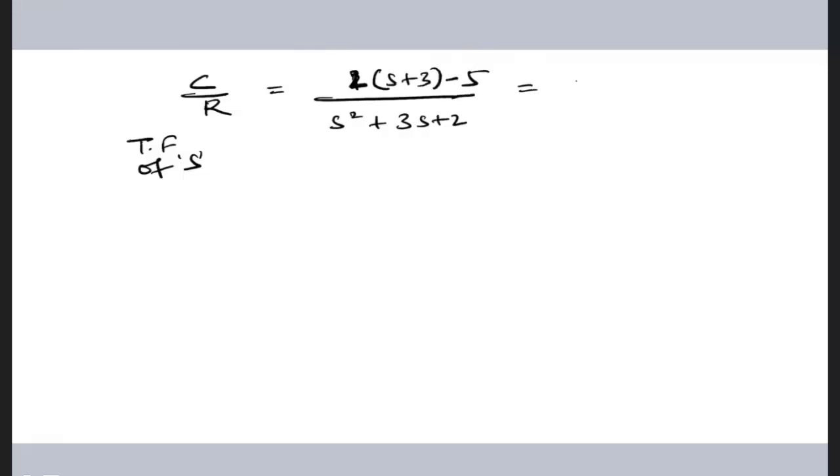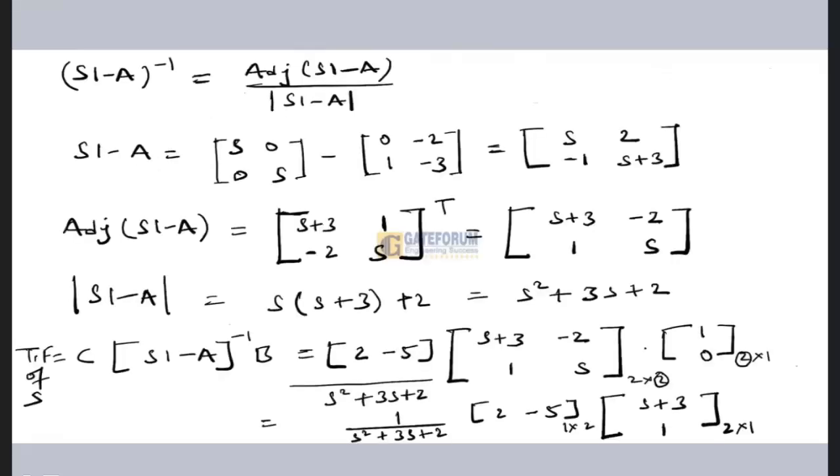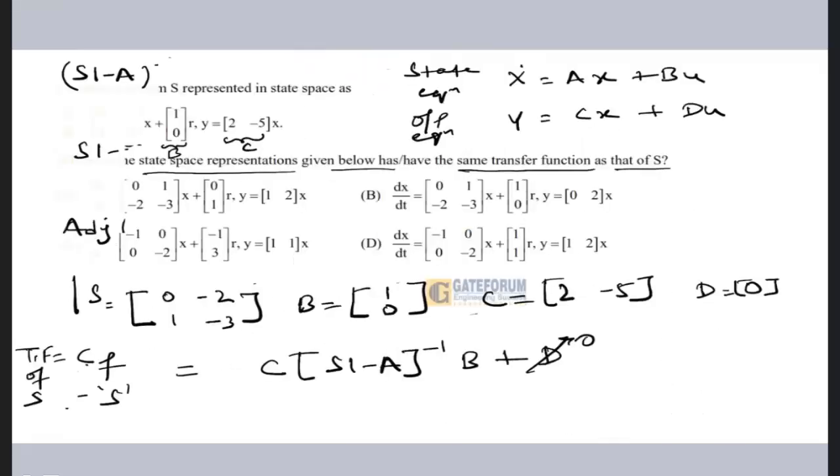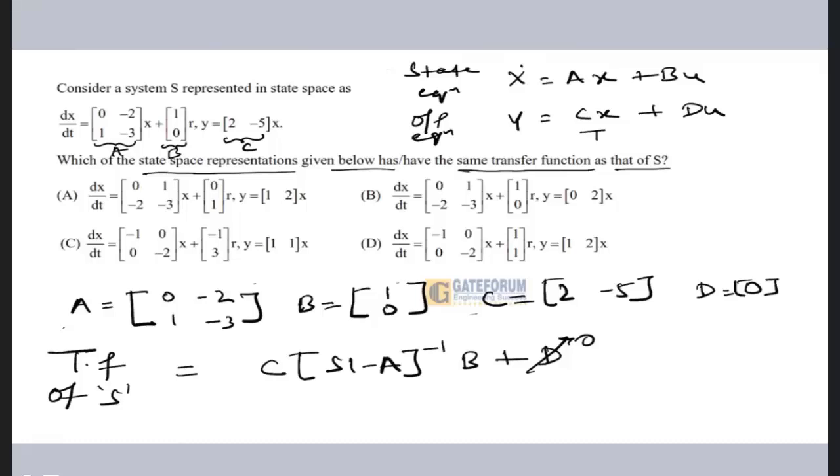So finally you will get 2s plus 6 minus 5, that is 2s plus 1, divided by s square plus 3s plus 2. So the transfer function that you got is (2s plus 1) by (s square plus 3s plus 2).